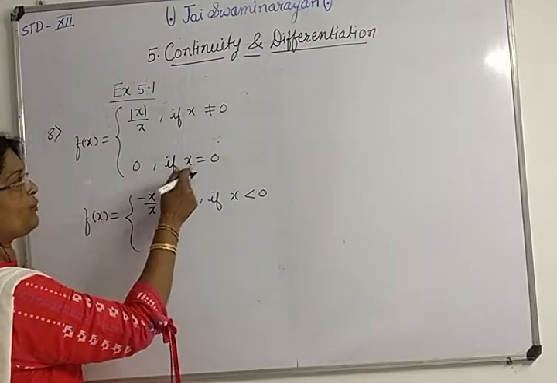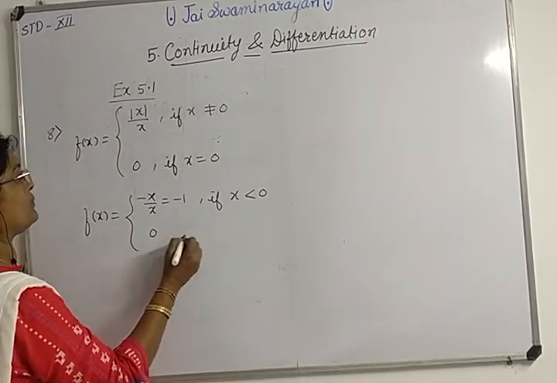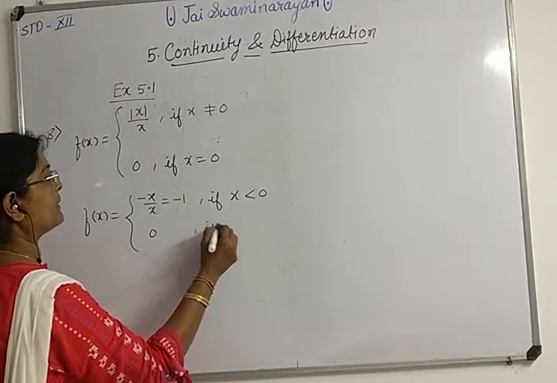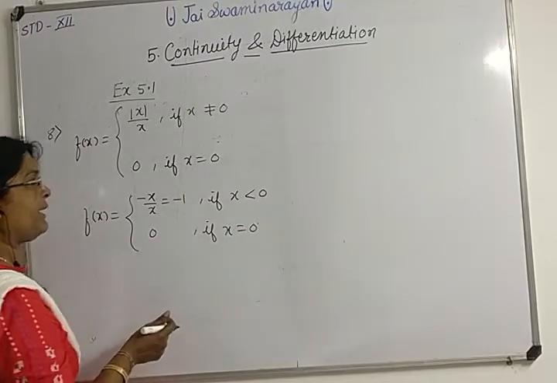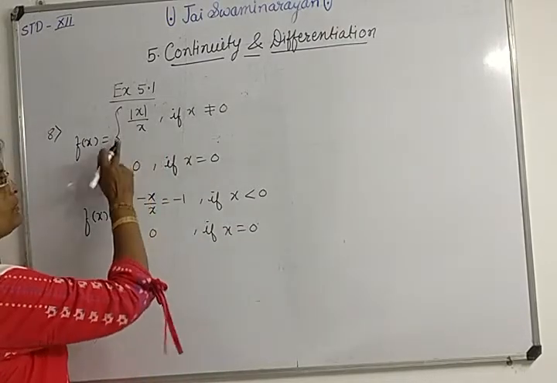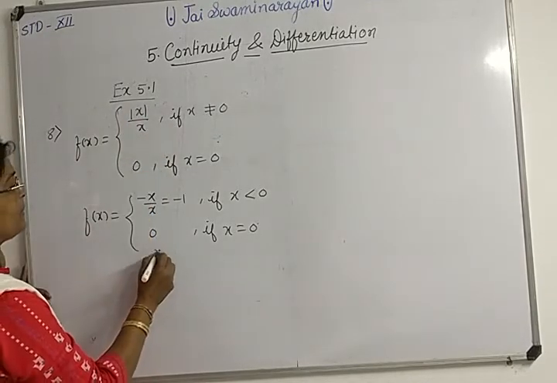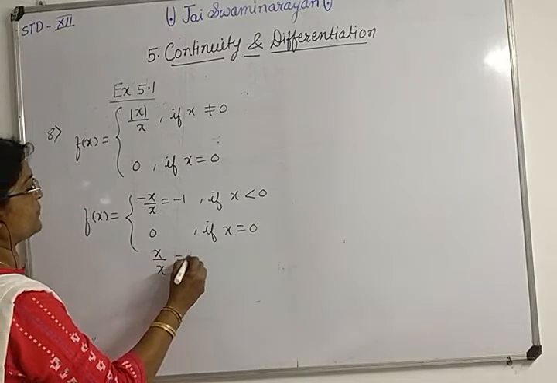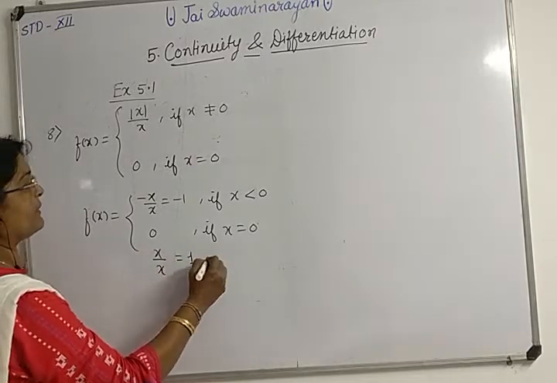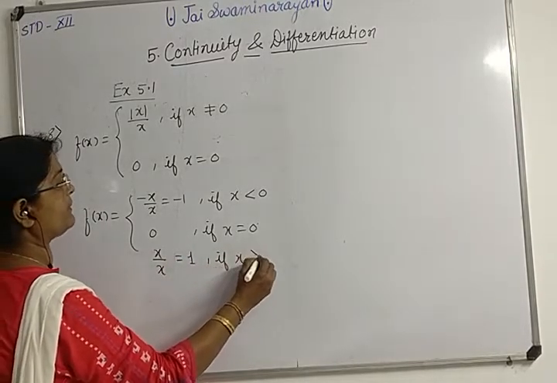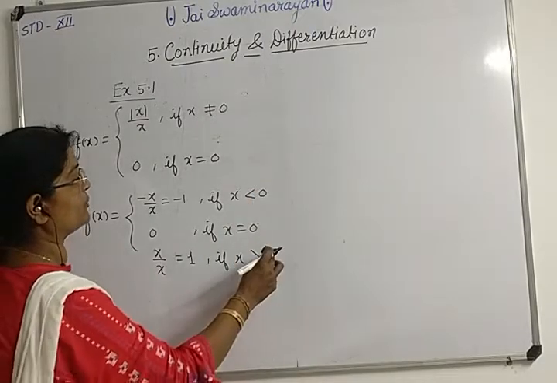Then equal to 0 if x equal to 0, and for greater than 0 mod x means only x, that is equal to x upon x, means 1 because x cancels, if x is greater than 0.